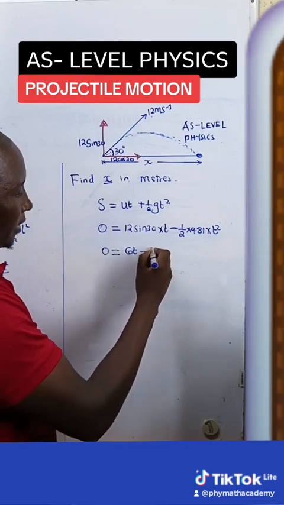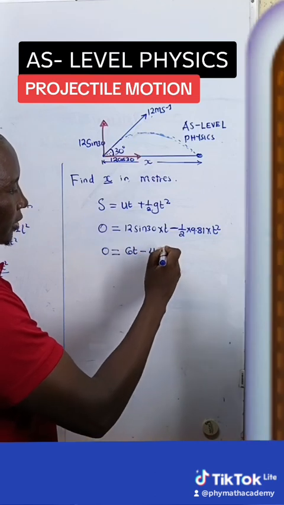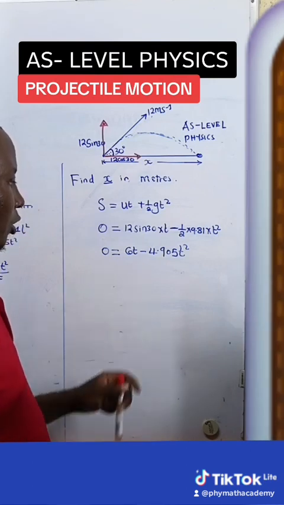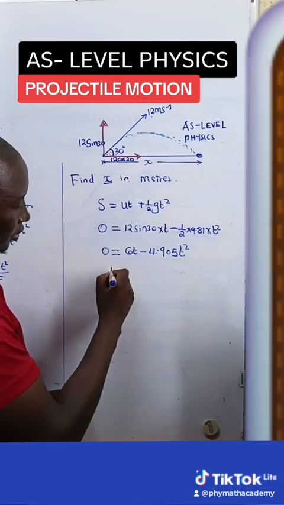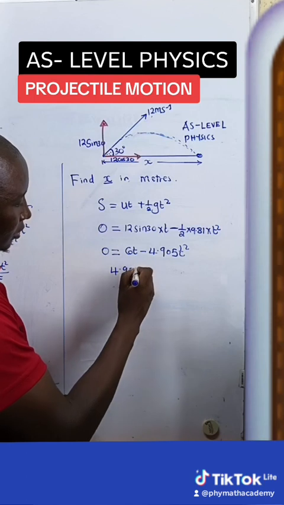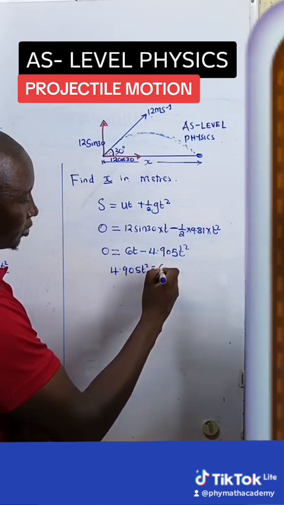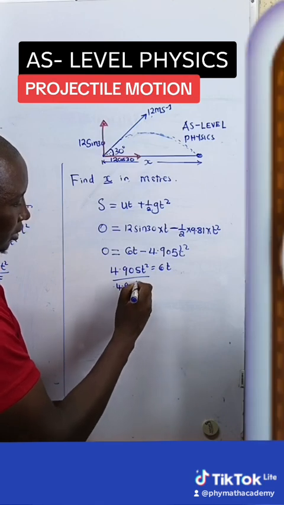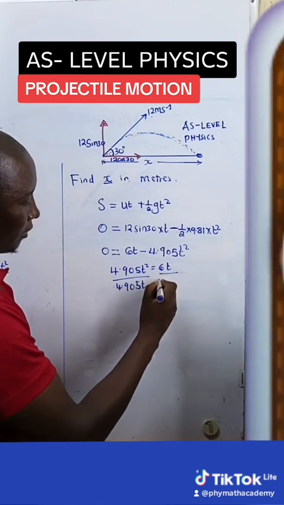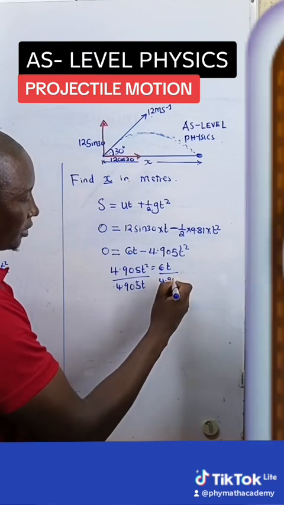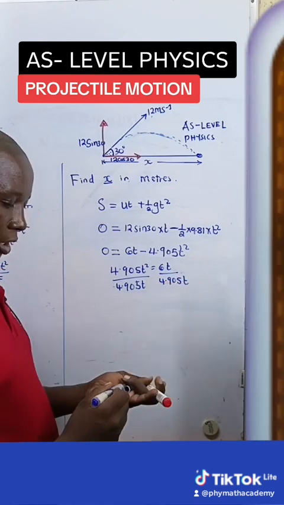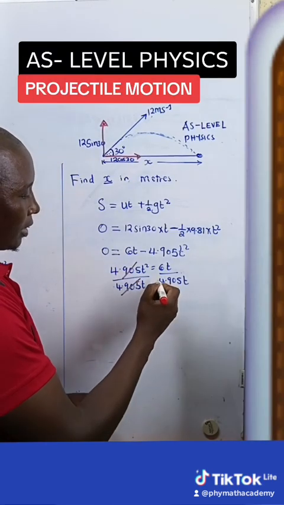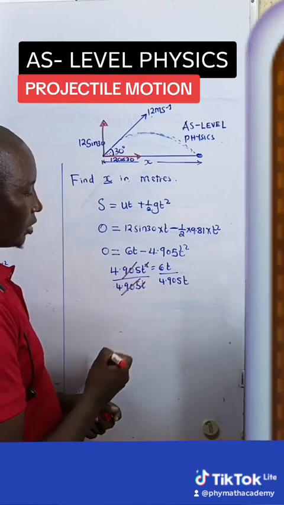So if we simplify this, it will be 0 equals 6t minus 4.905 t squared. If you solve this equation, you are going to say 4.905 t squared equals 6t. Then we shall divide both sides by 4.905 t, so this t will cancel out with this one.